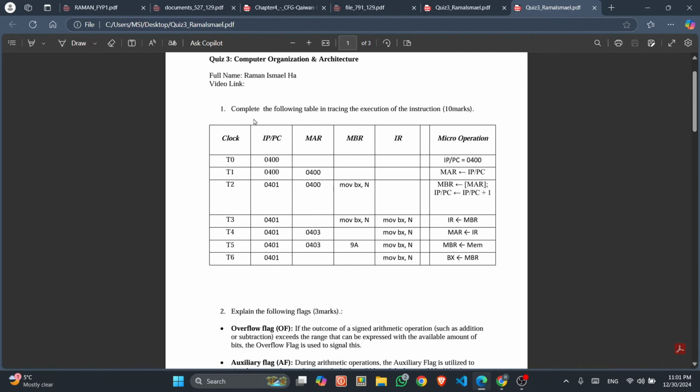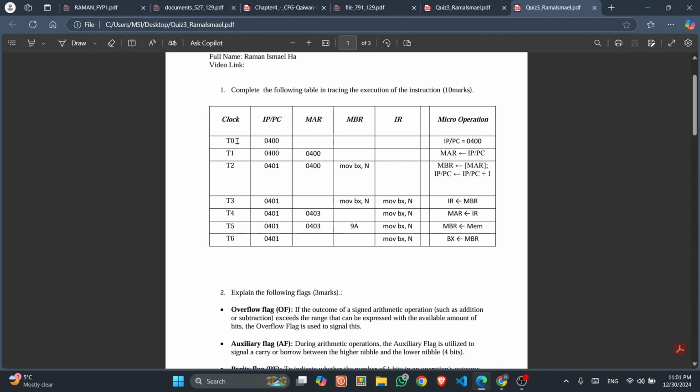In the first question, we are asked to complete the trace execution of a set of instructions. For example, in T0, the program counter value is 0400, and for T1 it's also the same.